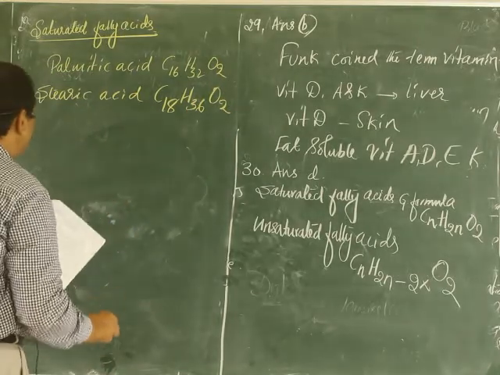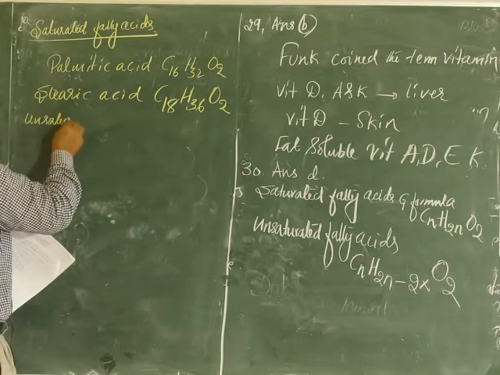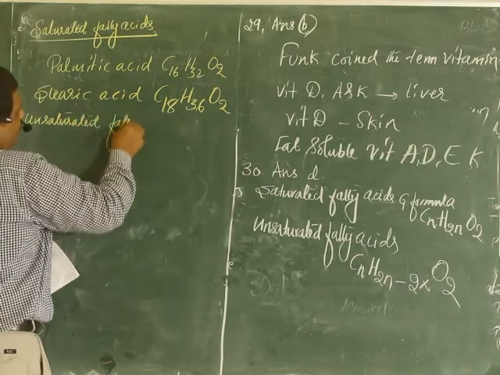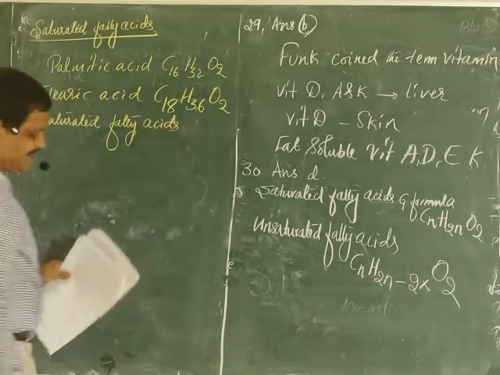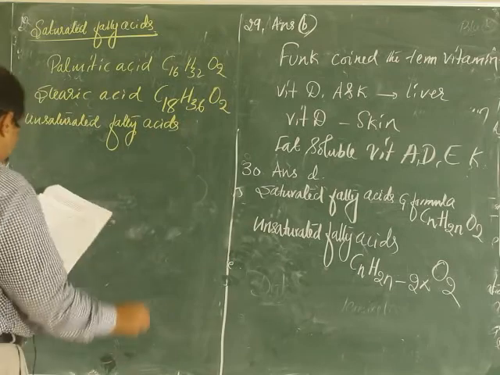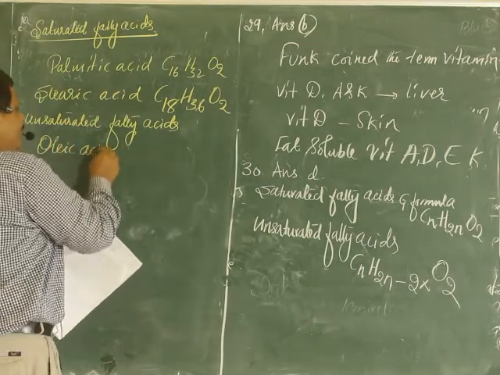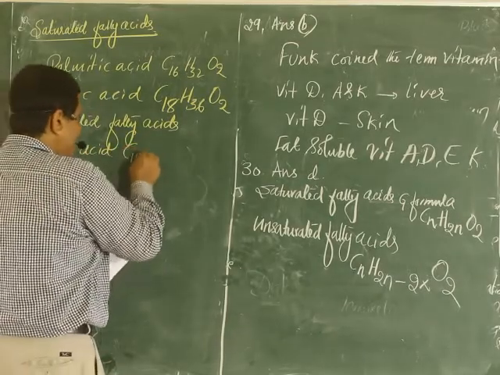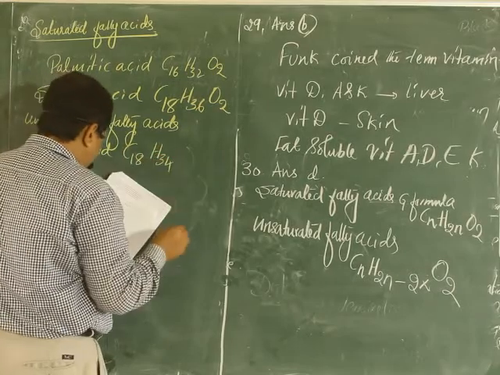Then unsaturated fatty acids. The unsaturated fatty acids are oleic acid, that is C18H34O2.